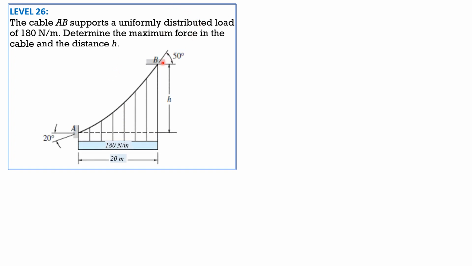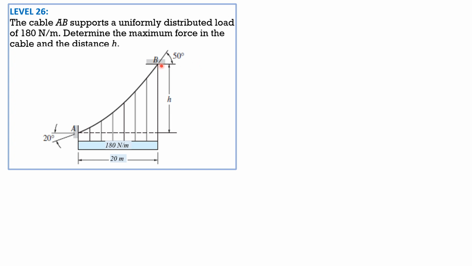Since the slopes at the endpoints A and B are given and the cable is treated as parabolic because the uniform load is distributed over the horizontal projection, we can resolve the tension at B into two components, vertical and horizontal.